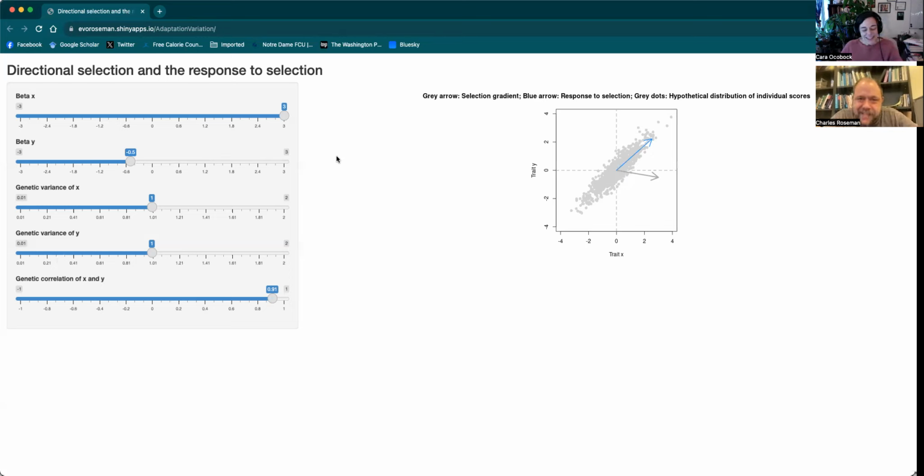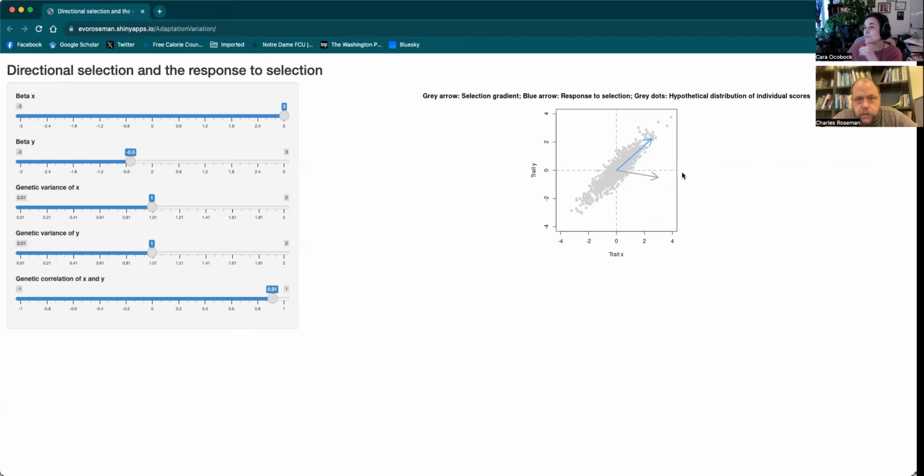So let's just focus on the gray arrow for the moment. That is indicating that there is strong selection to increase X and less selection to decrease Y, but appreciable, noticeable. And you'll notice that because they're so highly correlated, the correlated response really predominates. It's really just shooting up there.